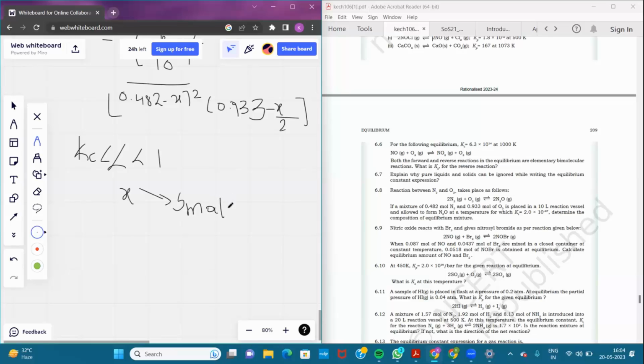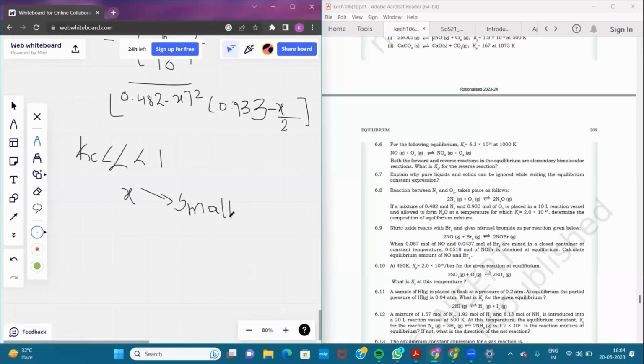Small. So by neglecting x in the denominator, we can directly write the above. Please do write the volumes here as 10, because this is not moles, this is concentration. I forgot to mention here.